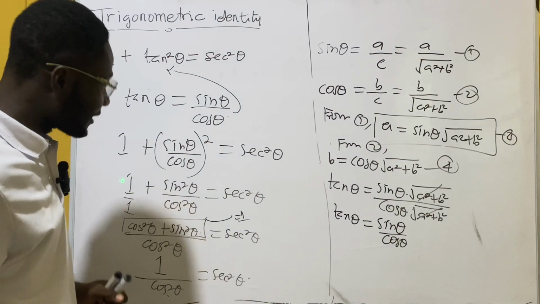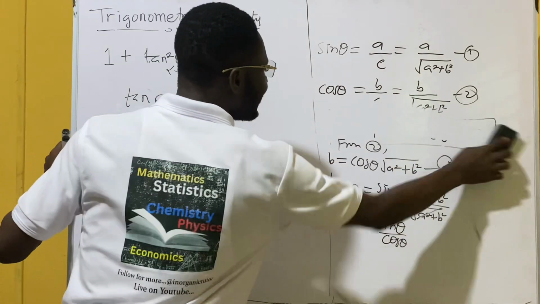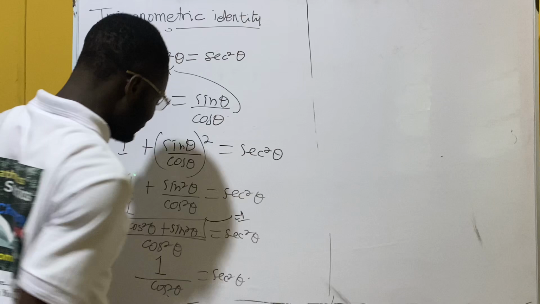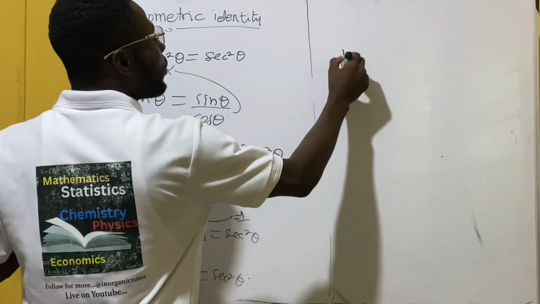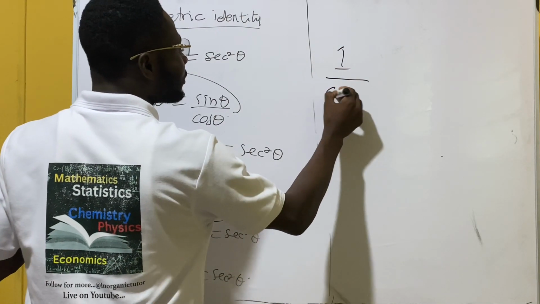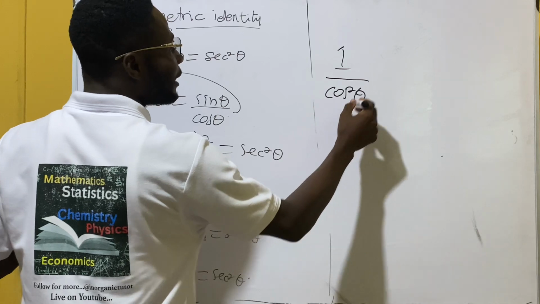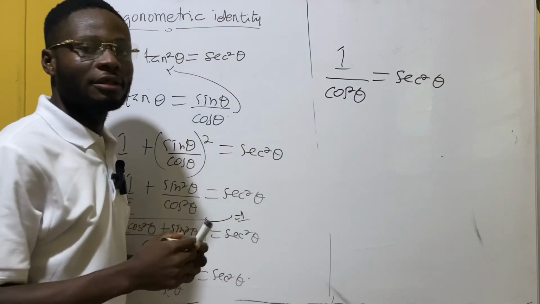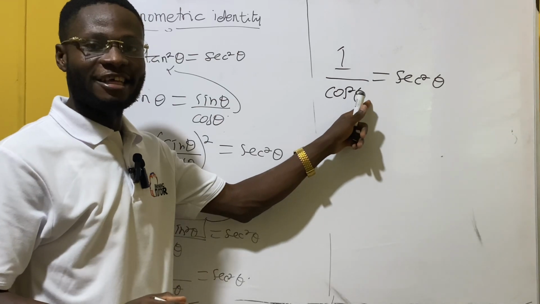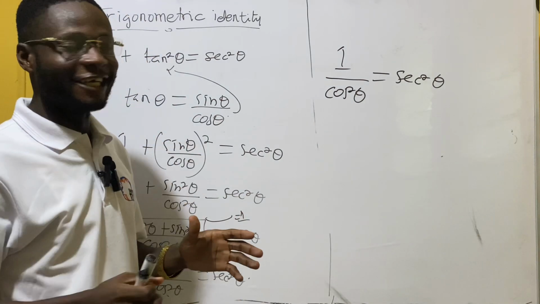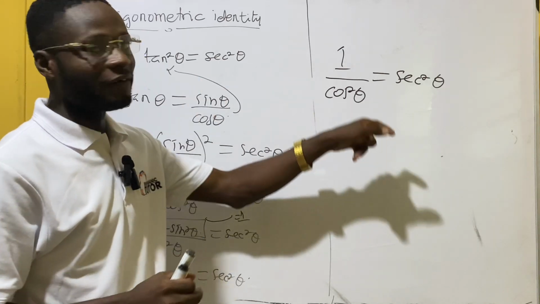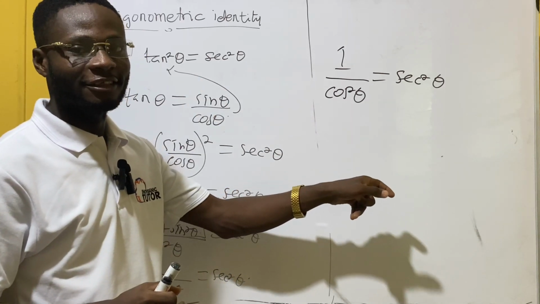So briefly, we have 1 over cos squared theta, and that is equal to sec squared theta. This is an identity. So we have used the left-hand side to prove the right-hand side.